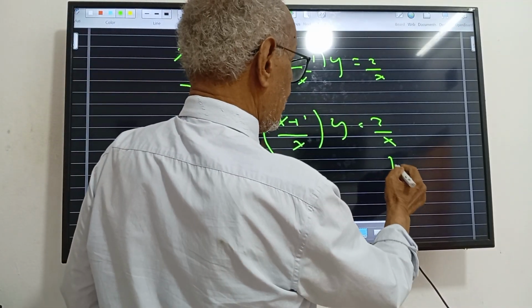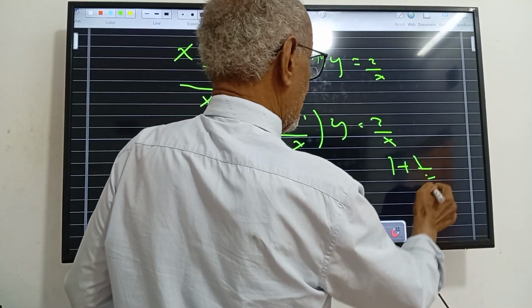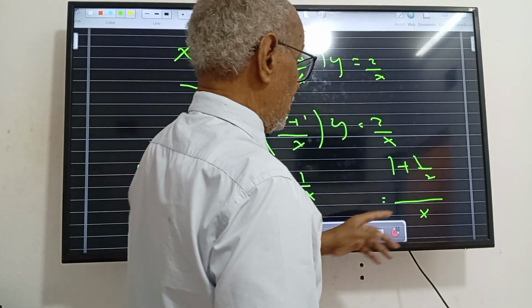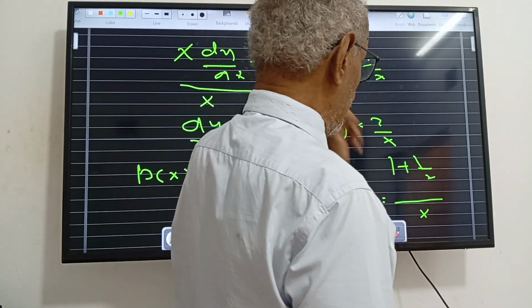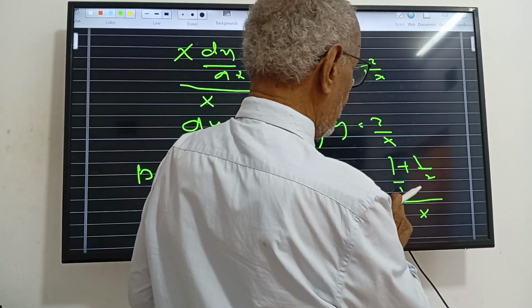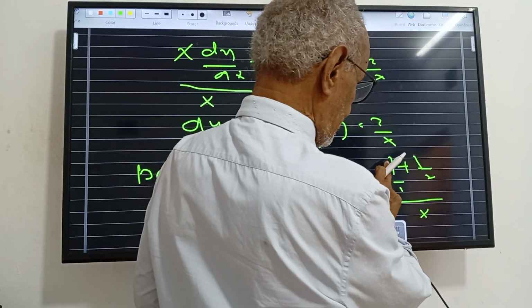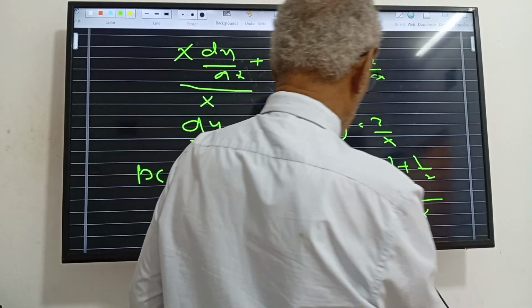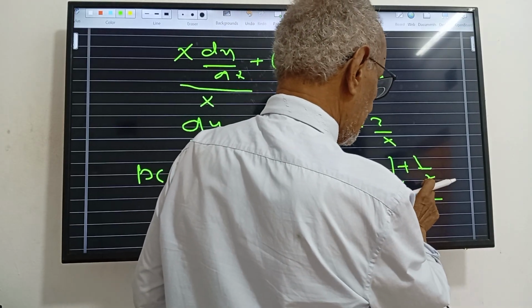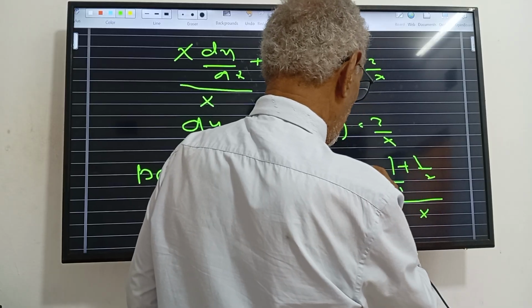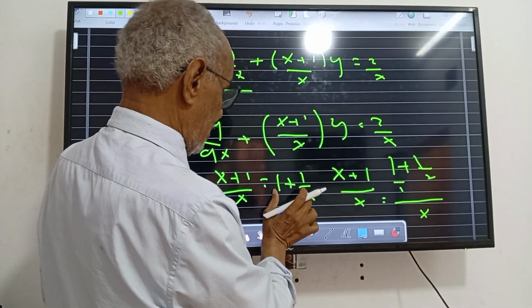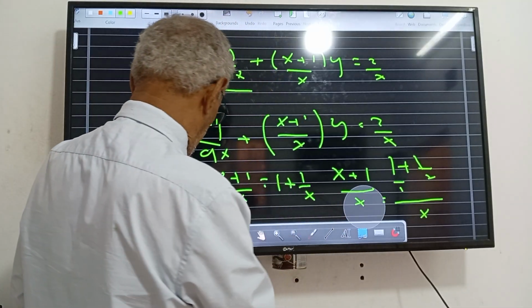The common multiple is x. So x divided by 1 equals x, multiplied by 1, that means x plus 1 divided by x. So this can be written in this form.